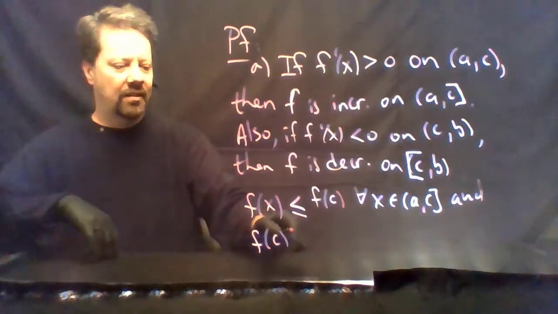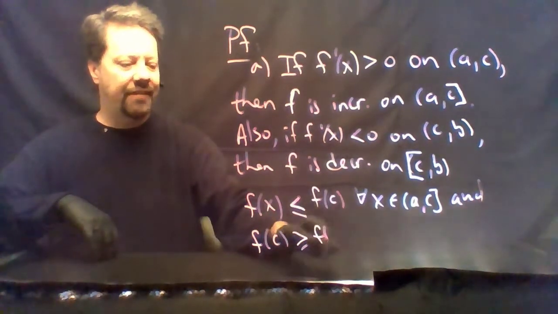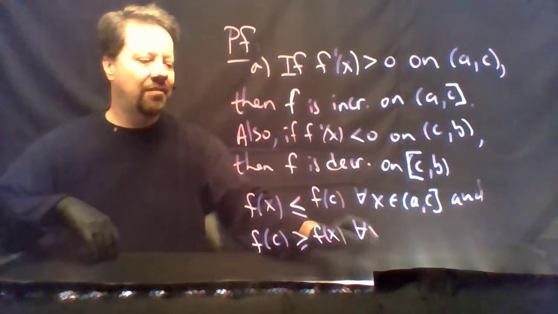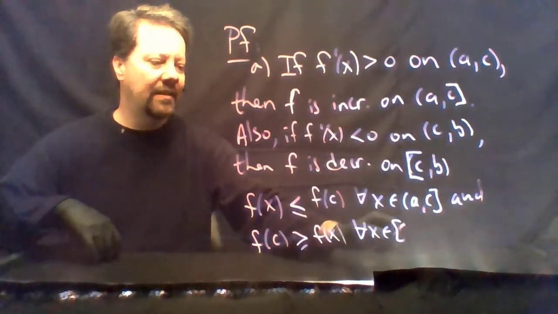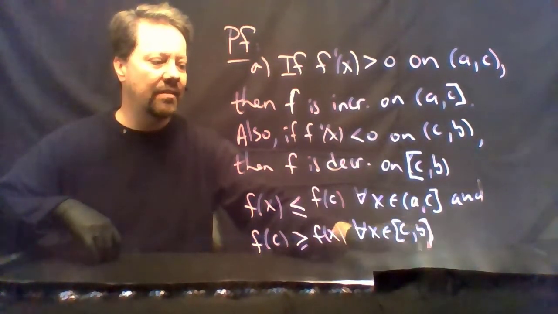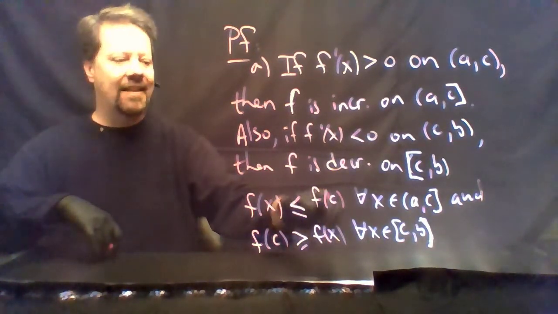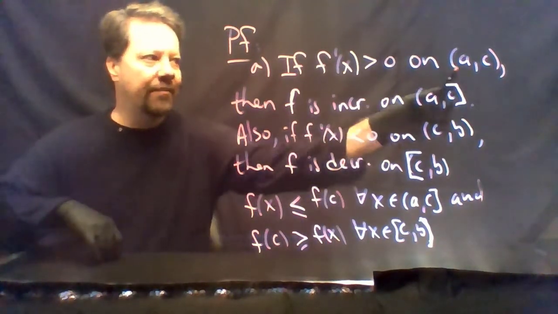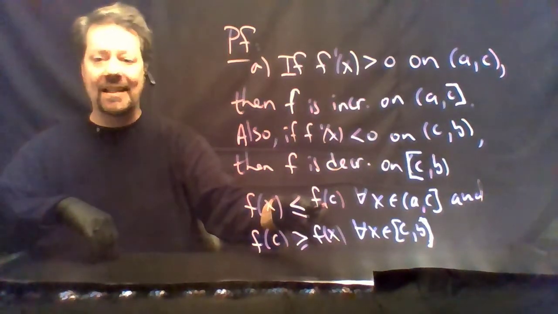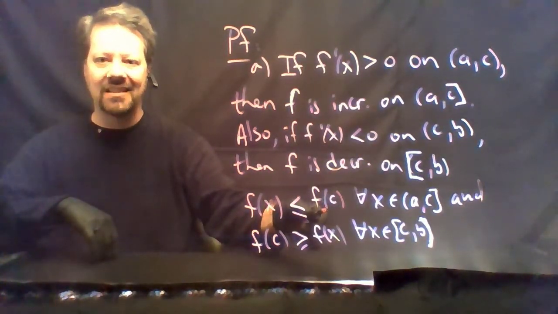And f of c is greater than or equal to f of x for all x between c and b, because we're decreasing on the other interval. Either way, on the interval from a to c, the highest point occurs at c.